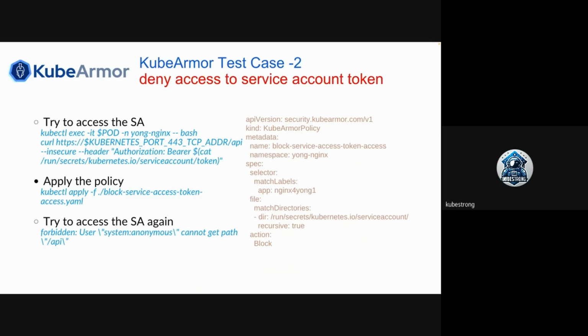Here is another one. You want to deny access to the service account token. Again, there is a YAML file listed here. The action is block, and a match directory specifies which path you want to match. Let's try this.